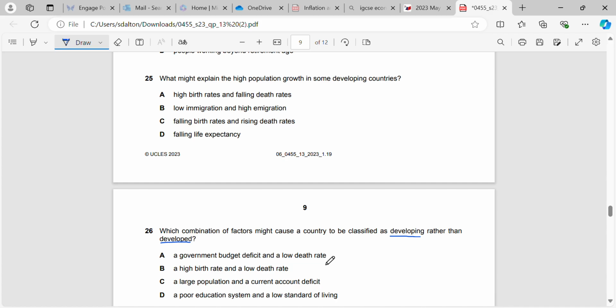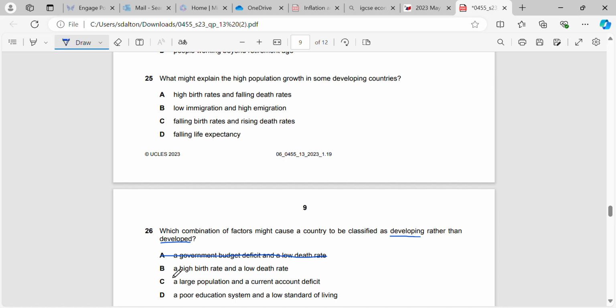Okay, a low death rate may indicate a developed economy. A government budget deficit doesn't necessarily tell us that a country is developing instead of developed. Most developed countries actually run quite a significant budget deficit anyway. Ireland, the US, the UK are examples of countries that are all running budget deficits.